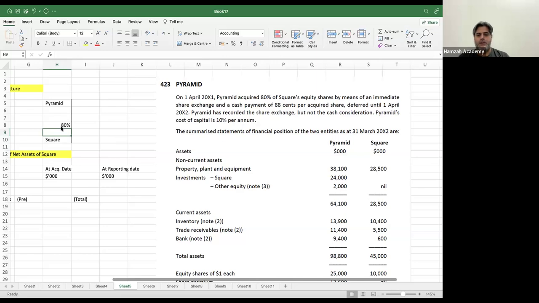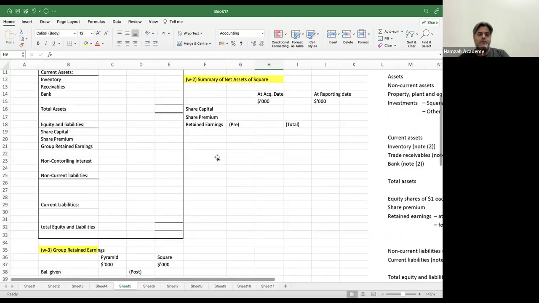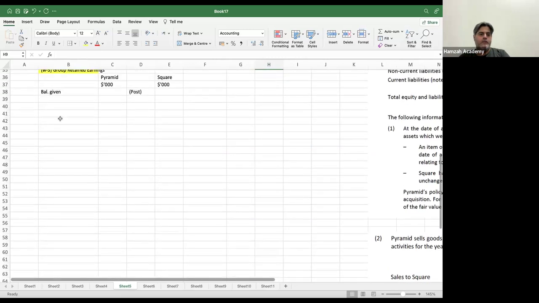So we have to just incorporate the deferred consideration. I'm going to leave 7, 8 lines over here, then work in cost of investment. So we have this share exchange.